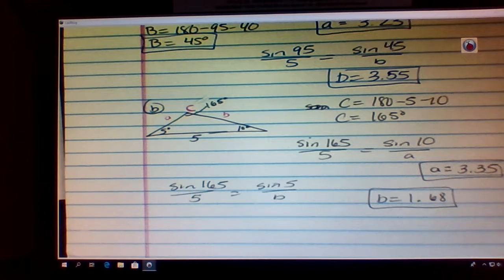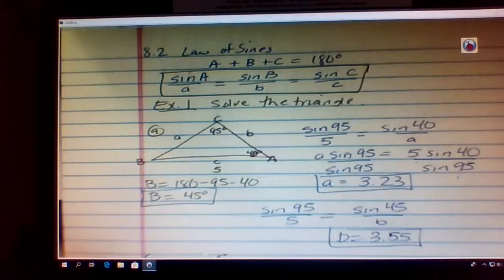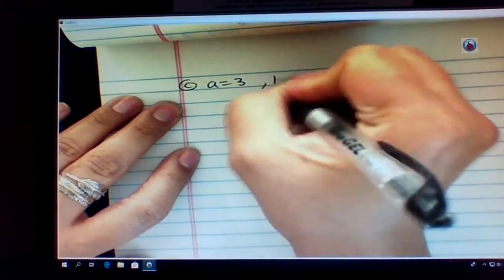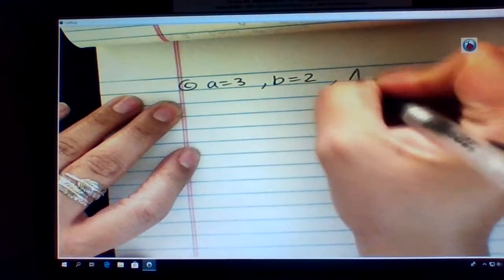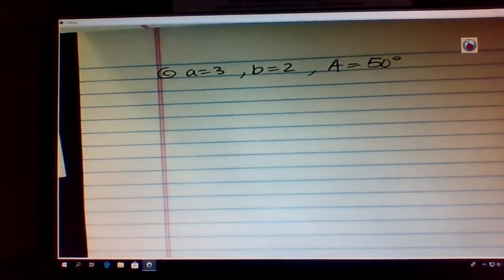Now we're going to try one difference, because they give you two sides and one angle. So what do you do there? They're going to tell you a is 3, b is 2, and angle A is 50 degrees. You draw your triangle, it doesn't matter how.